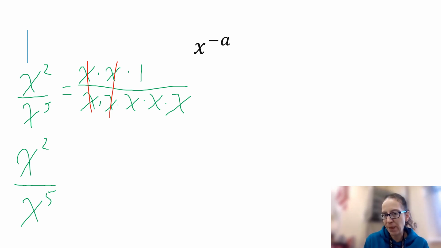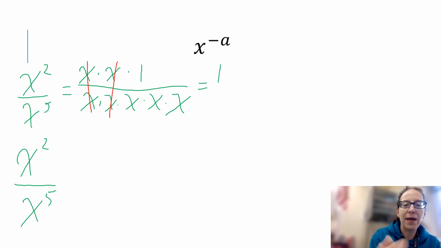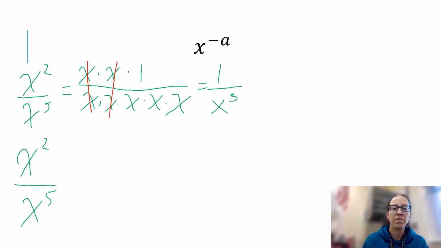If I don't have the 1 there, I will get the answer nothing or 0. But it's not nothing and it's not 0. What I'm left with in the numerator when I cancel everything out is a 1. So it really helps to be able to see that there. And so I'm left with a 1, and then x times x times x is x to the 3rd.